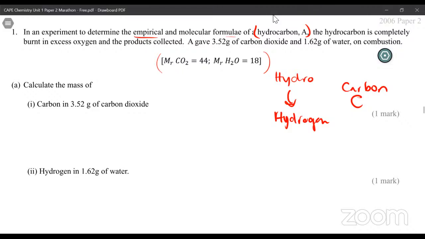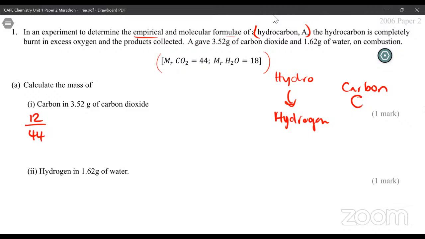All right. Now, carbon dioxide has a molecular mass of 44, right? But they want to just know how much carbon would be in 3.52 grams of carbon dioxide. So carbon has a what? Atomic mass of 12 out of the total, which is 44 for the relative molecular mass, right?